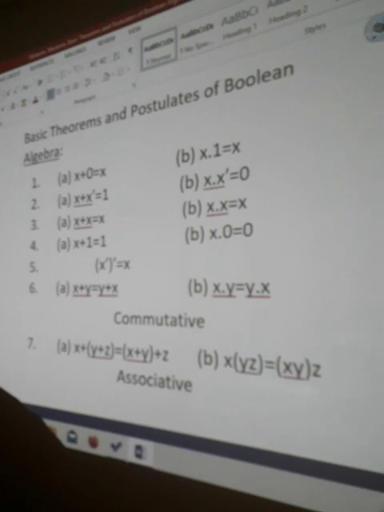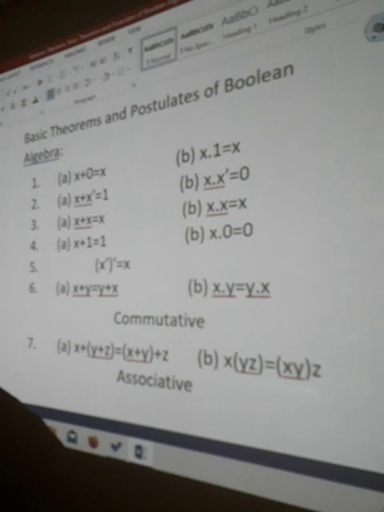Now this is an OR operation, and if one input of the OR gate is one state, then the output is definitely equal to one state, whether a 0 state or 1 state is on its other input. B part, x · 0 = 0. Now it is an AND operation, and if one of the inputs is 0 state, then definitely the output will be 0 state.